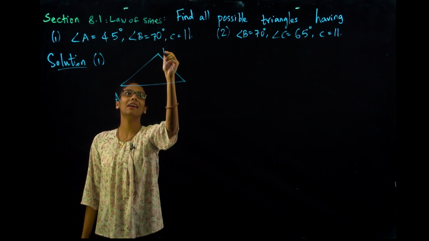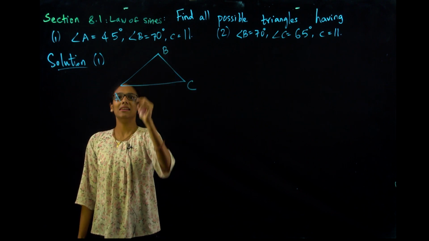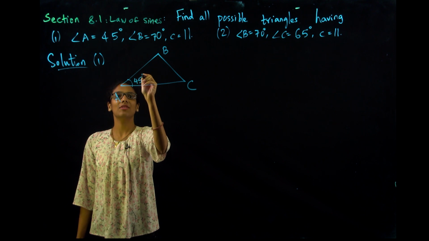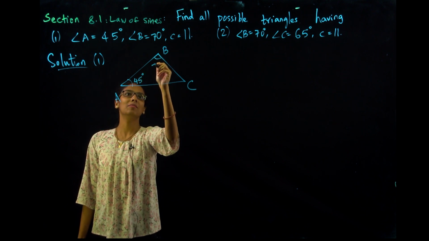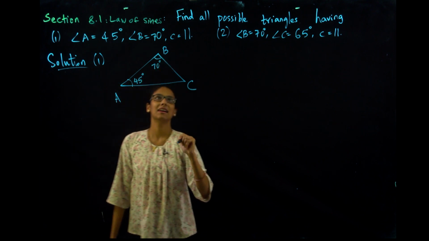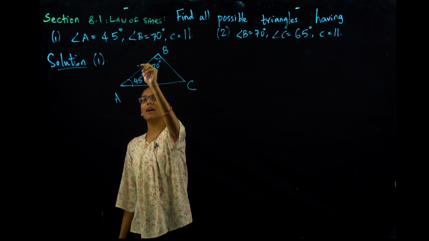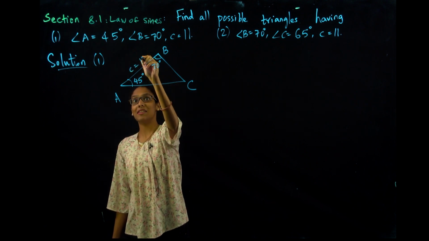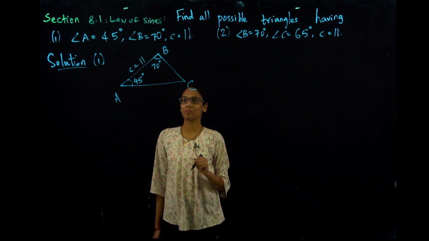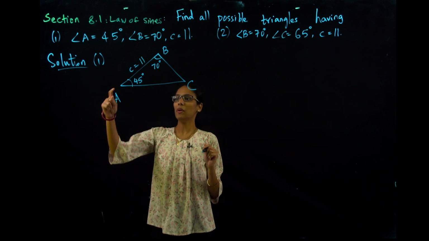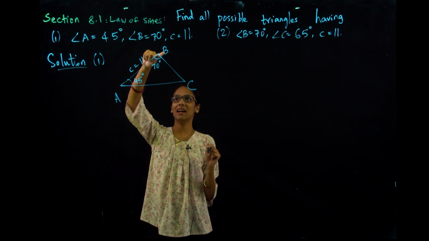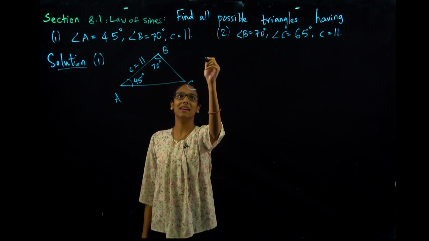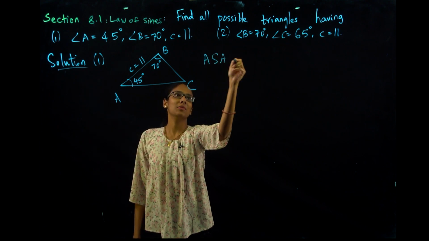So we have A, B, C. Angle A is given as 45 degrees, angle B 70 degrees, and the side opposite to angle C, little c, given by 11 units. So we are given angle, side, angle. We are in an ASA situation here.